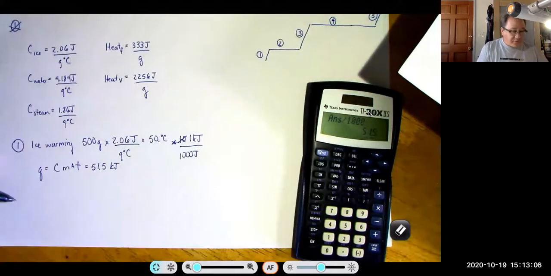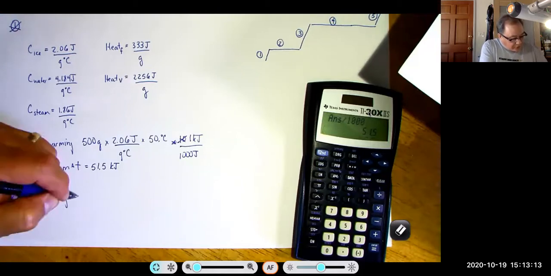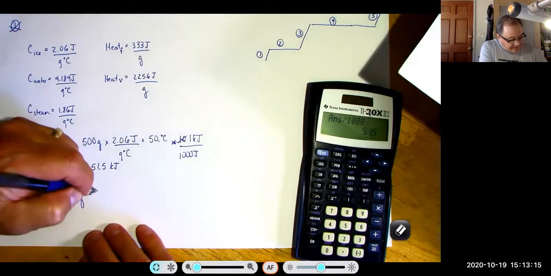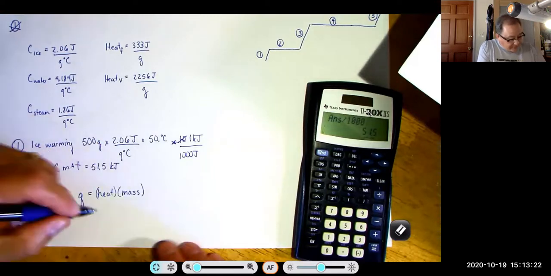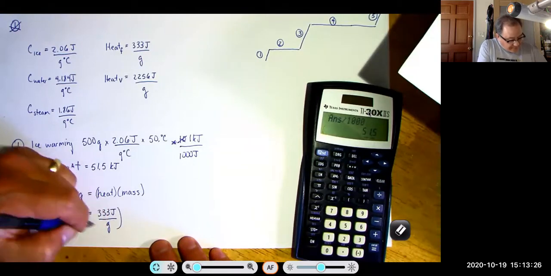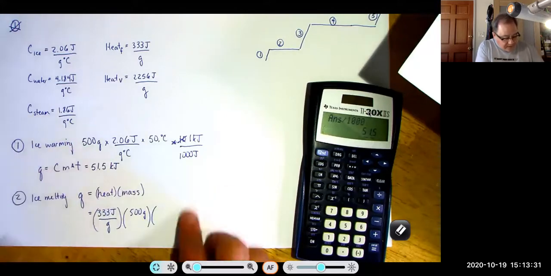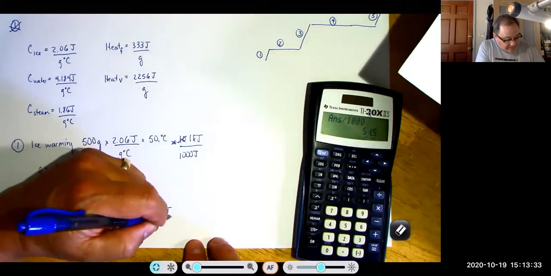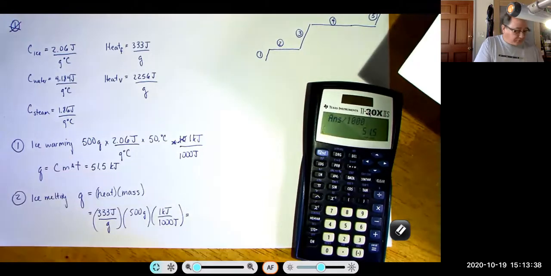Okay, number two. Here we have ice melting. So we're going to use Q is equal to heat times mass. Now the heat of fusion is 333 joules per gram. The mass is still 500 grams, and then we're going to multiply by 1 kilojoule per 1,000 joules so that we can turn this into kilojoules.